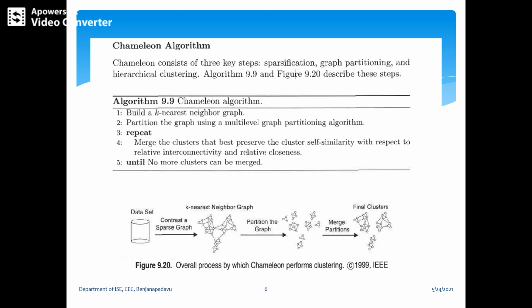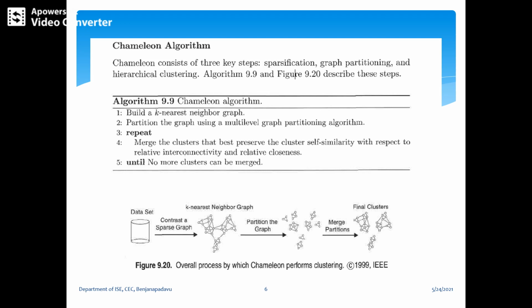Chameleon starts with an all-inclusive graph cluster and then bisects the largest current subgraph until no cluster has more than minimum size points, where minimum size is a user-specified parameter. This process results in what we can call equally sized groups of well-connected vertices.